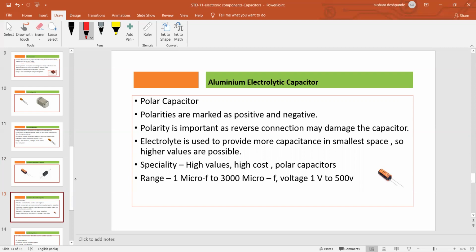As electrolyte is used to provide more capacitance in a small space, higher values are possible. Specialty is high values, high cost, and polar capacitors. The range is 1 microfarad to 3000 microfarad, and the voltage rating is 1 volt to 500 volt.